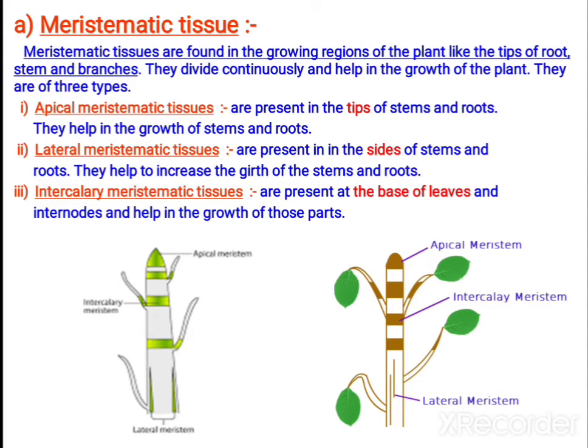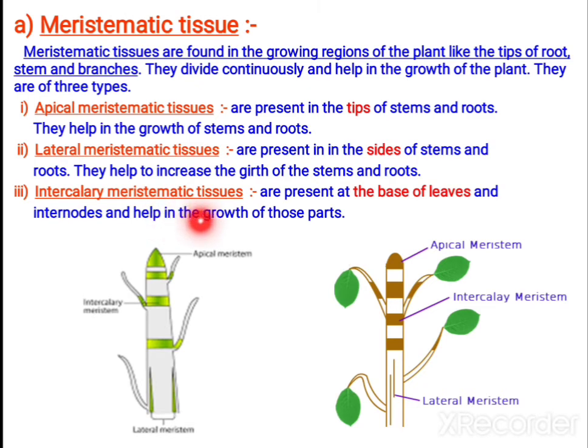You see when a mango plant or any big tree is young, it will be very small and delicate. And later that thin stem grows into thick bark. So how does it grow? By means of the lateral meristem only. It is helpful for the thickening of the stem and increases the girth of the stem and roots.